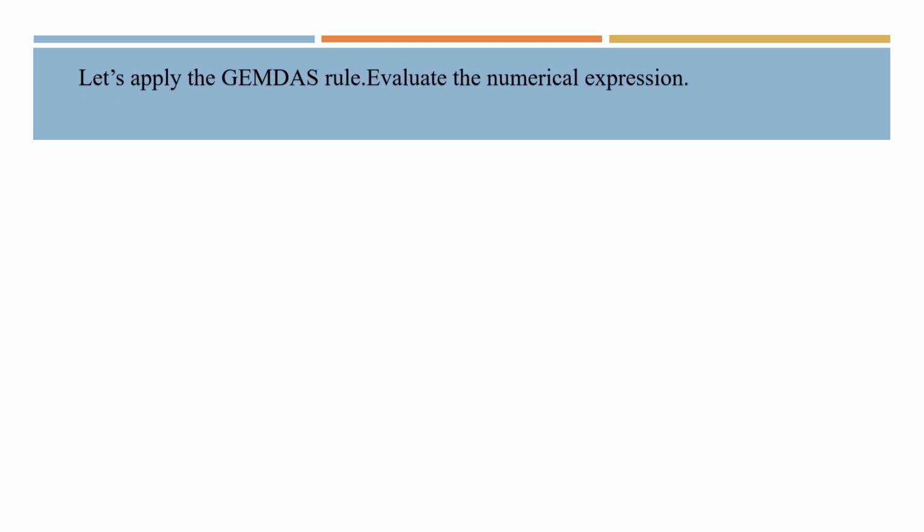Let's apply the GEMDAS rule in evaluating numerical expressions. Let's have number 1: open parenthesis, 4 times 5 squared, close parenthesis, plus, open parenthesis, 3 times 10, close parenthesis. Now, in the given expression, we're going to apply rule number 1 and number 2.